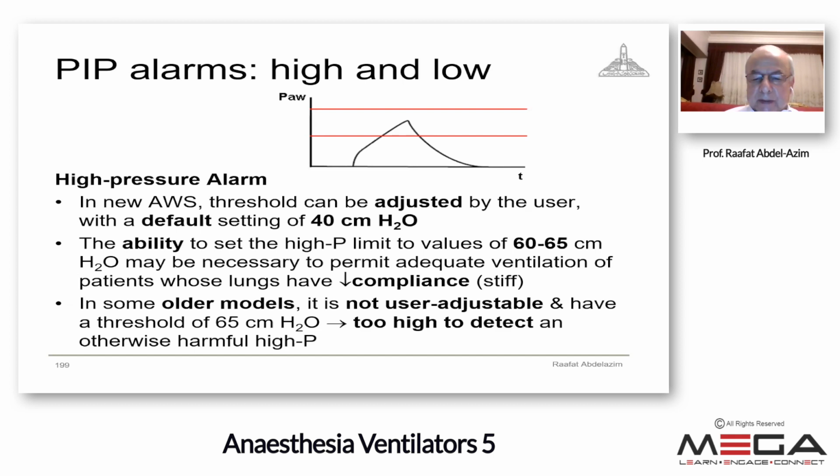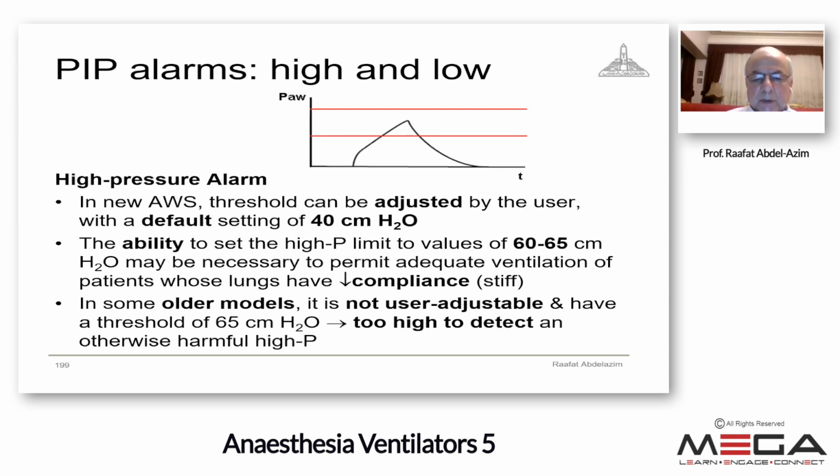For very severe cases of stiff lung, the pressure may exceed 40 under anesthesia. So we have to avoid this limitation, or the alarms will be continuously activated. So we need to increase it a bit.